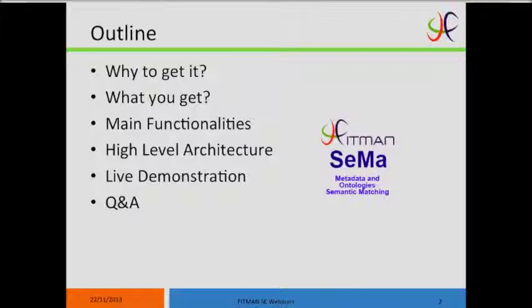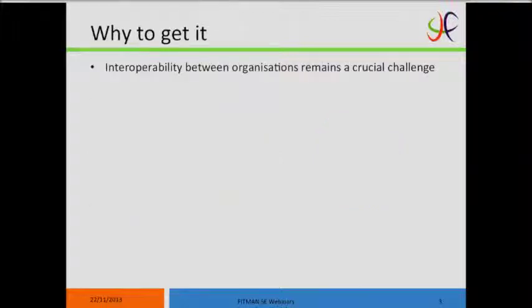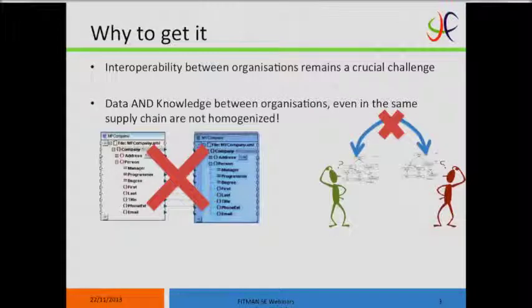So, why get such a specific enabler? Well, the main thing is that even today, interoperability between different organizations is still a crucial challenge. And when it comes to sharing documents or sharing data, knowledge, the problem is even worse.